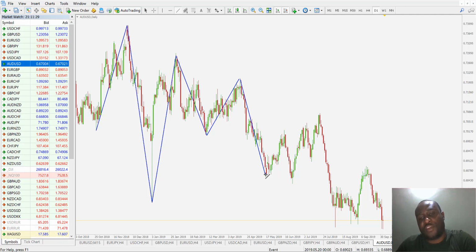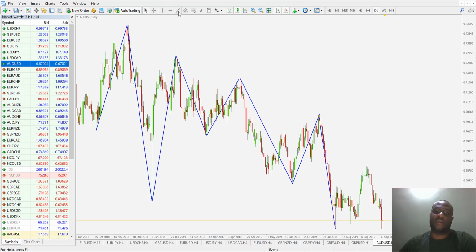Okay, because I am looking at the bigger ones, I'm going to choose this one here, and I'm going to go this way, and it's a clear one but very steep, and I'm going to go this way. This is where price currently is.